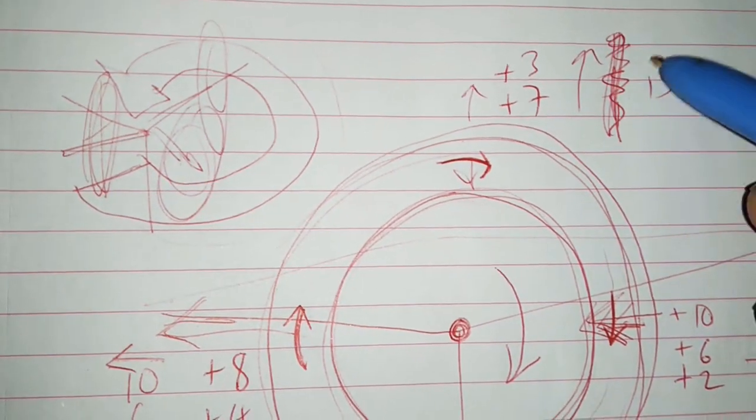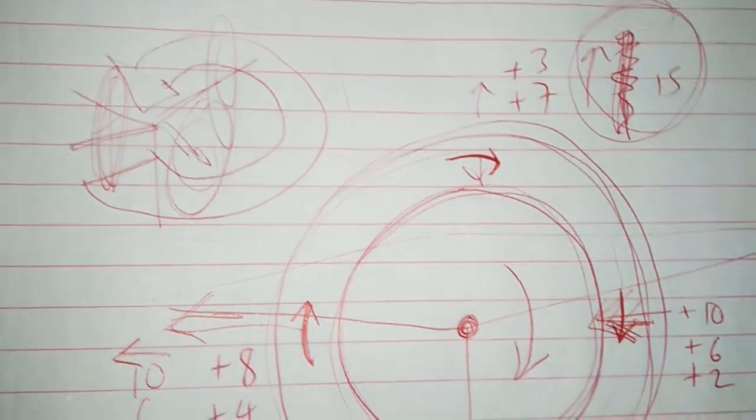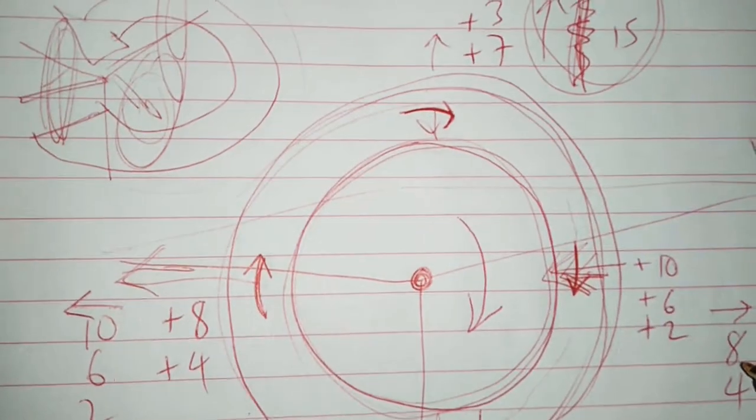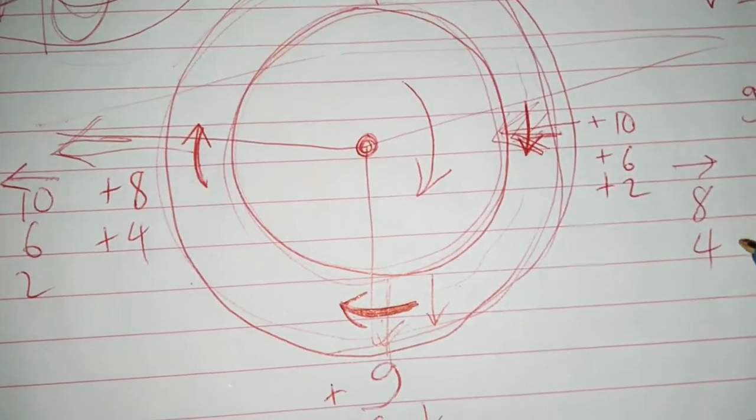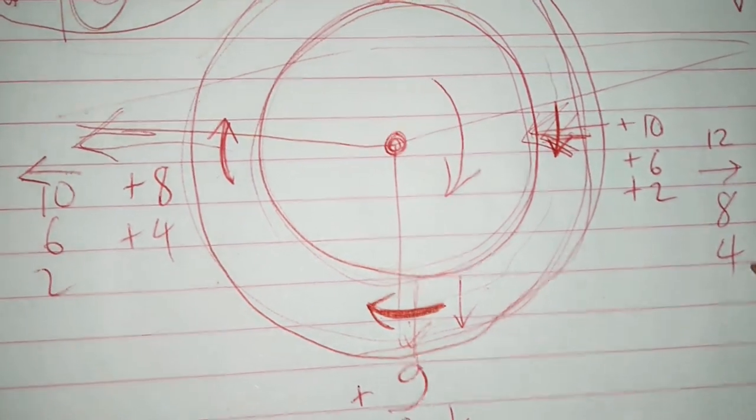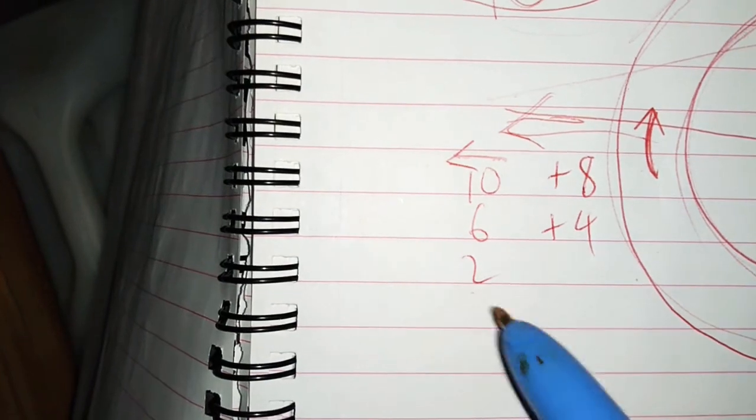So the gravity is lifting it by an amount of 15 units of momentum I'm talking about, is going to give us 12 in this direction, pulling it back that way, but it's going to give us 18 in that direction.